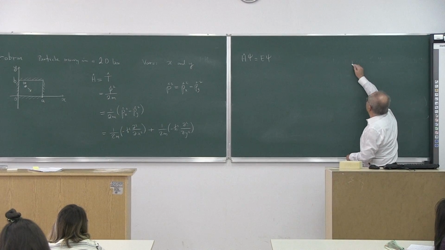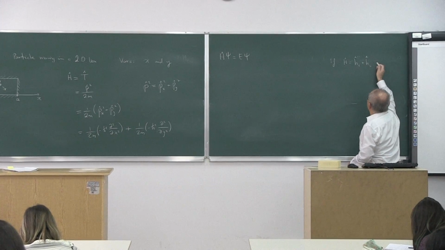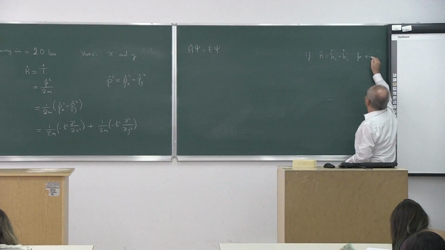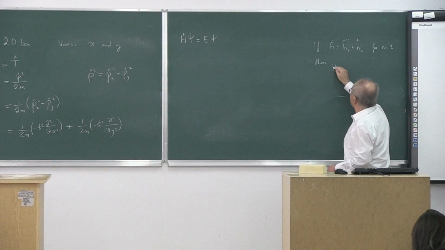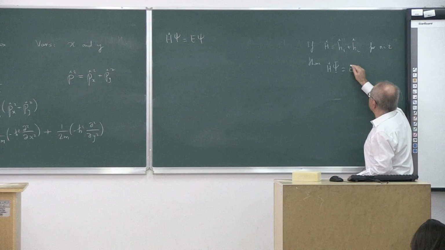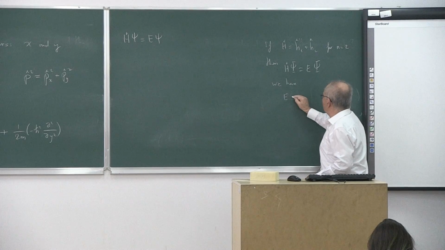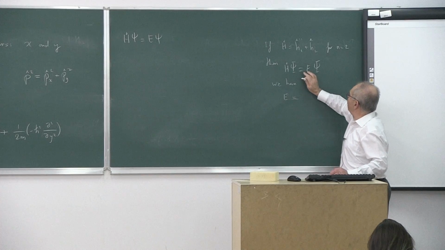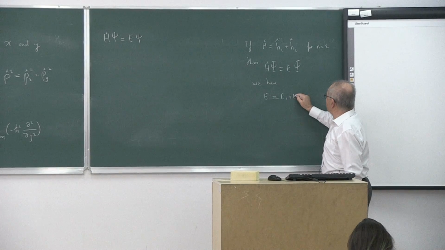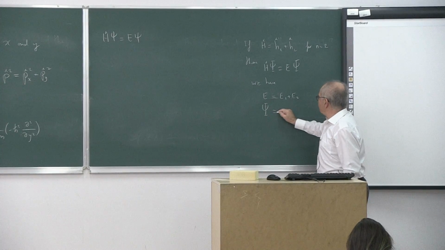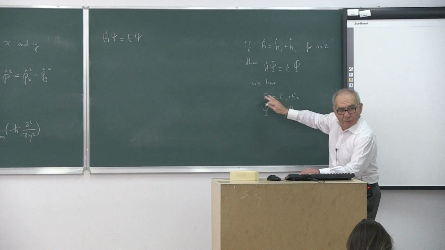And we said if H has the form, for example, for n equals 2, all right, then for this problem, the allowed values for the energy are E1 plus E2, and the wave function is a product, psi 1 times psi 2. Okay?